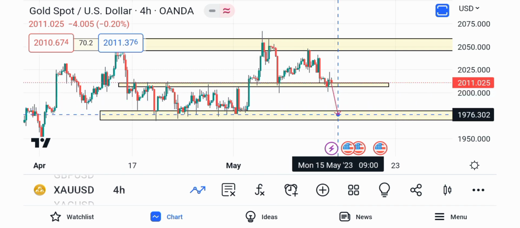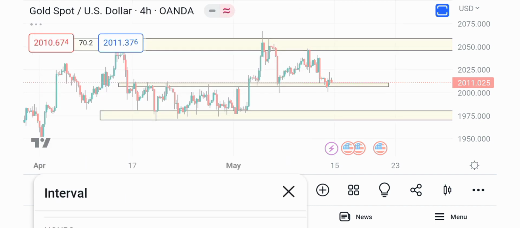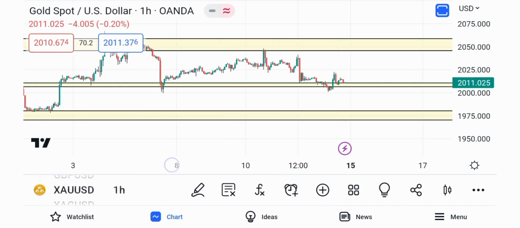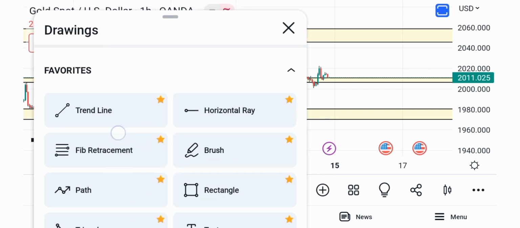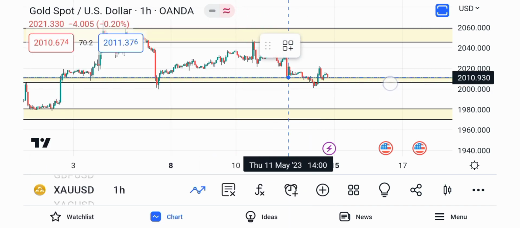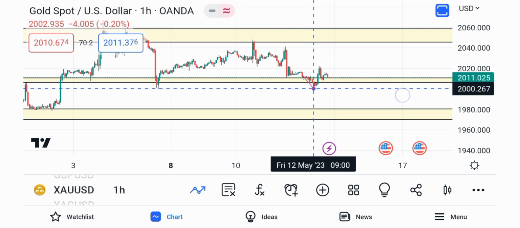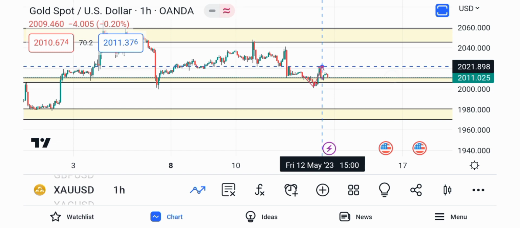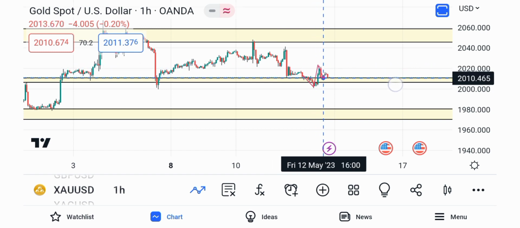But let's go on the 1-hour time frame and study the price action. Looking at the 1-hour time frame, you can see that price went further downwards to this point, then price also went up here, up to this point, then came to retest this zone again.